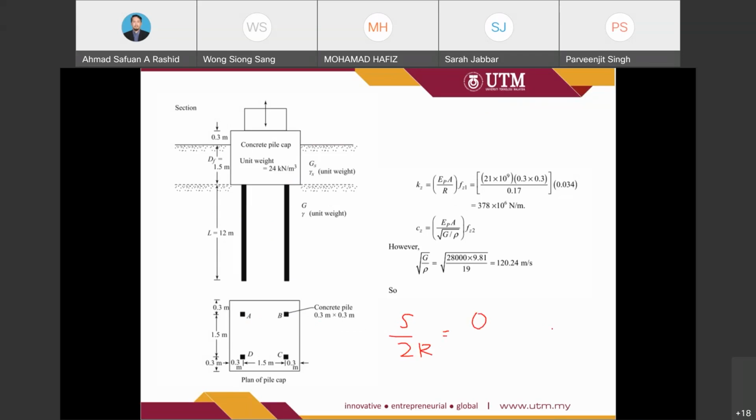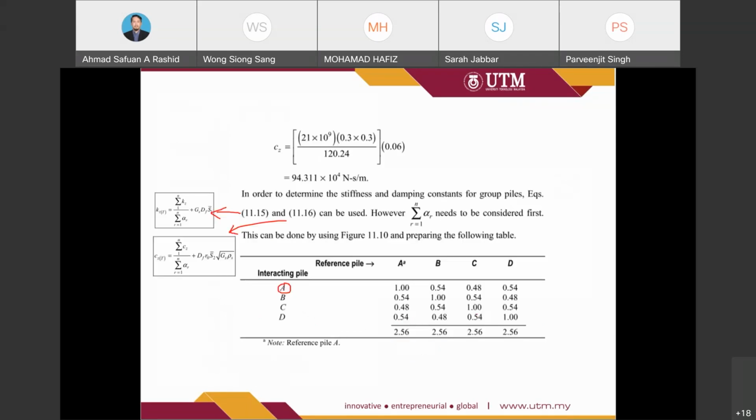So when we look on the diagram, the alpha R is equal to 1 for the A. That's why it is written as A to A equal to 1.